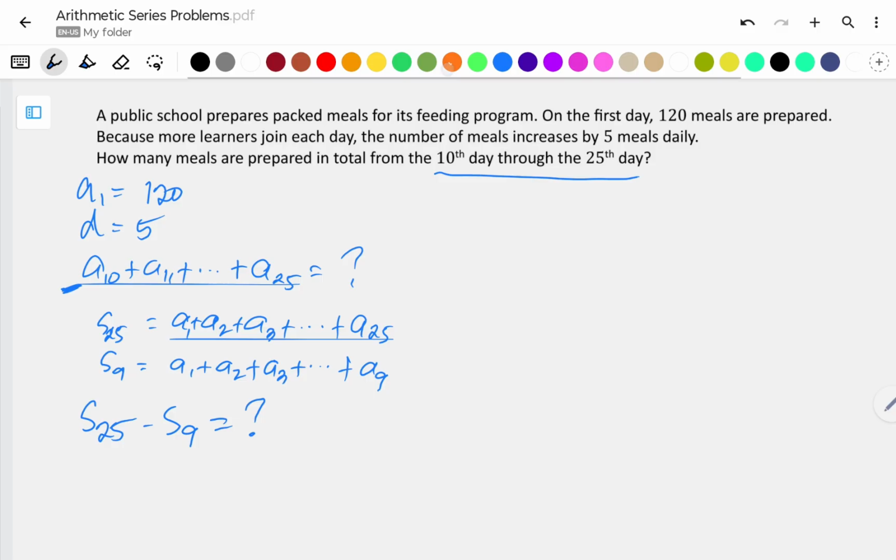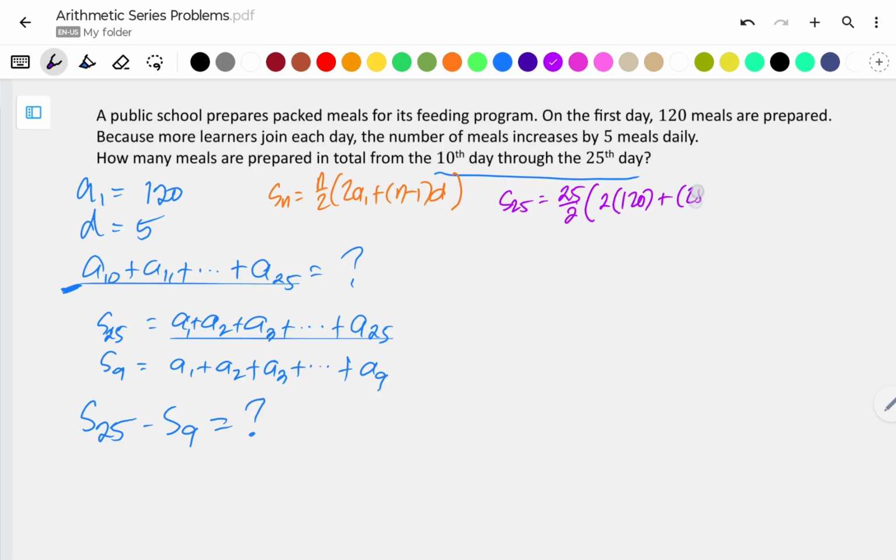So again, the formula is S sub n equals n over 2 times 2a sub 1 plus n minus 1 times d. So for S sub 25, we have 25 over 2 times 2 times 120, which is a sub 1, plus 25 minus 1 times d, which is 5.